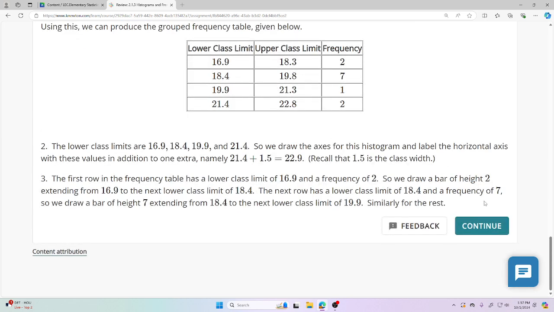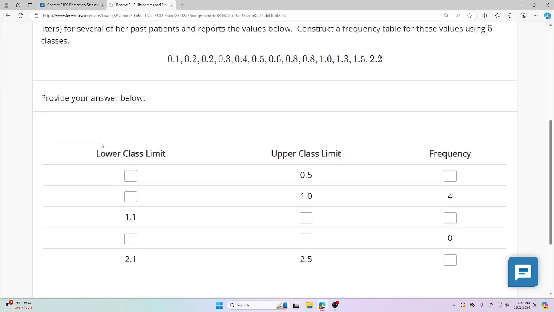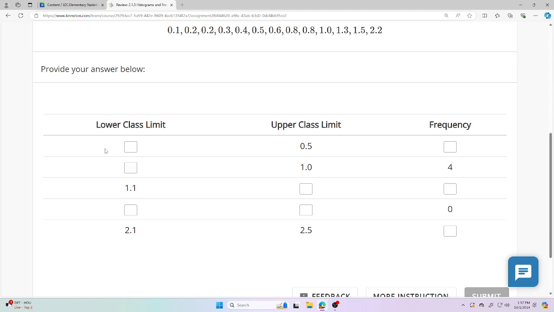Lots of math that we didn't use. The upper, and then we got 1.1. So it's on the one decimal.